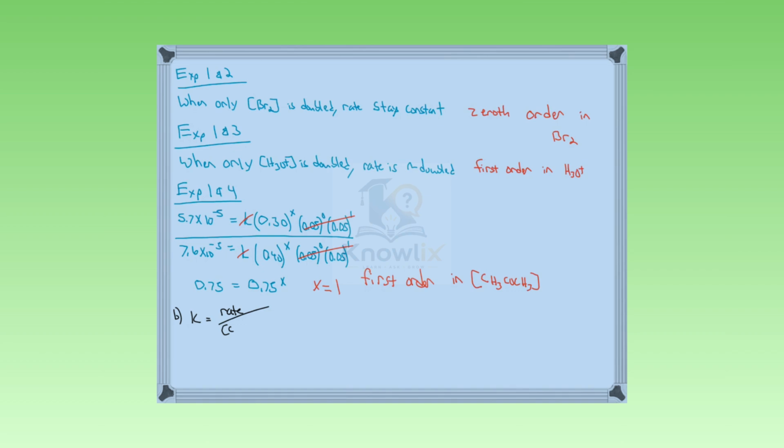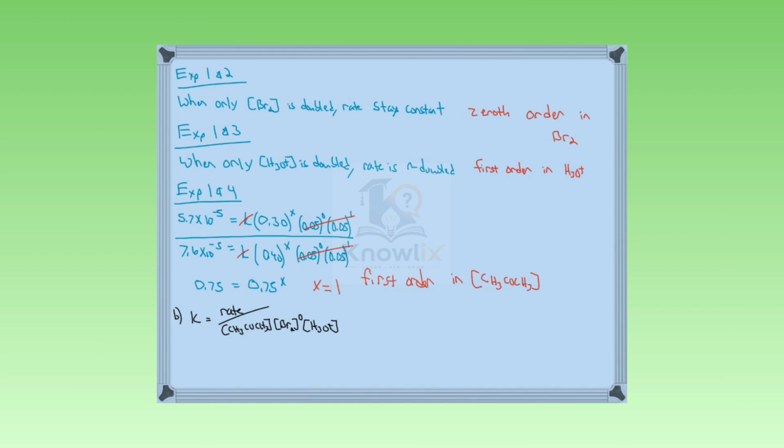So the rate law then will be rate is equal to K multiplied by the acetone concentration raised to the 1, the bromine concentration raised to the 0, and the hydronium concentration raised to the 1. If we rearrange that equation, then we can solve for K, where K is equal to rate divided by the acetone concentration raised to the 1, bromine concentration raised to the 0, and hydronium raised to the 1.